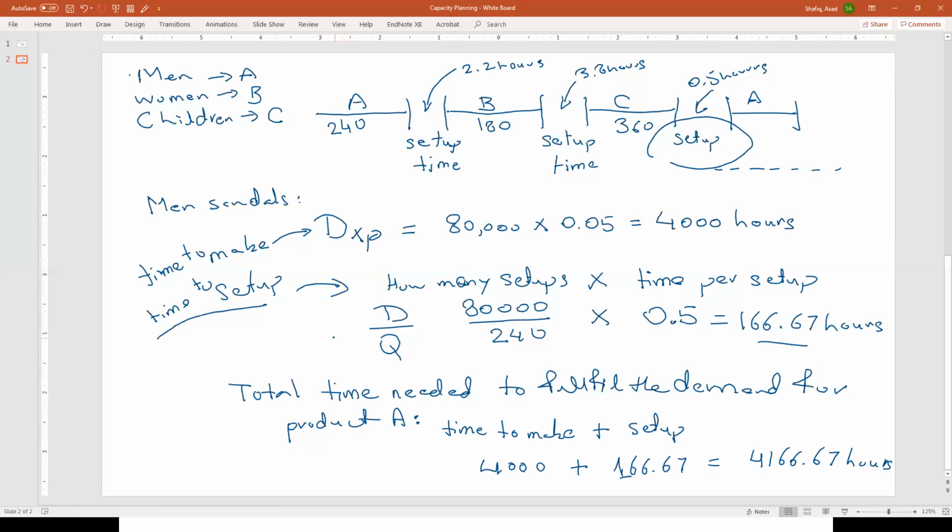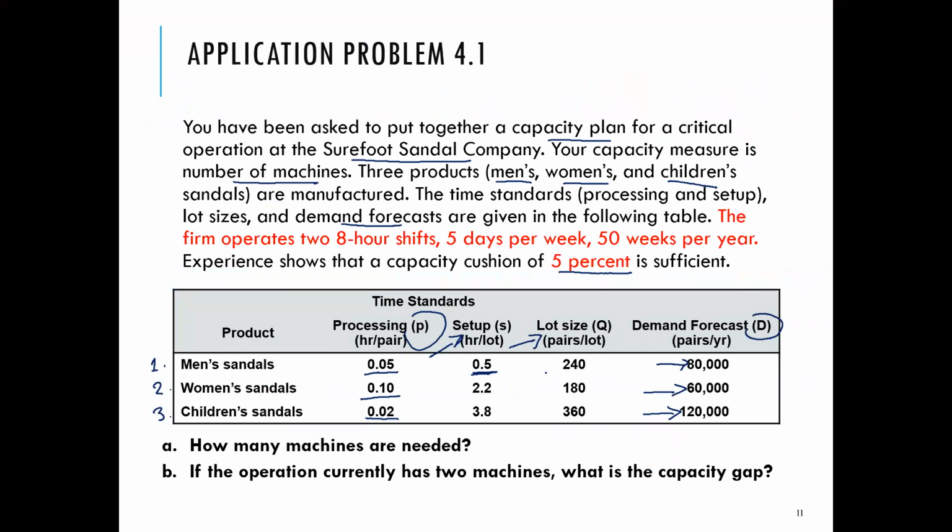Now, the question which I said I'll come back to is, how do we know that D over Q is equal to the number of setups we need? The logic is that if we go back to our slide, if we have to make 80,000 pairs of men's sandals, and whenever we are making men's sandals or product A on the machine, we make them in quantities of 240, the total number of setups will be this number divided by this number.